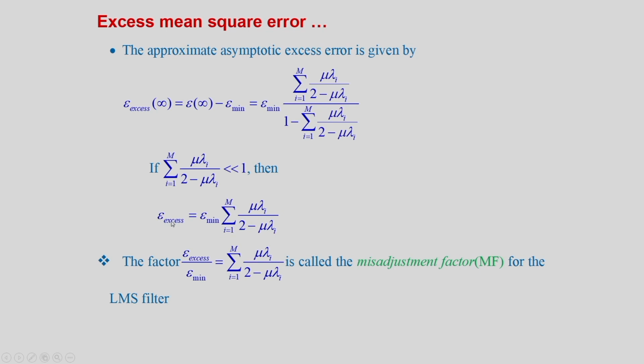This epsilon excess divided by epsilon min, this factor which is equal to summation mu lambda i divided by 2 minus mu lambda i going from 1 to m is called the misadjustment factor MF for the LMS filter. So, there will be an excess amount in the mean square error by this factor.